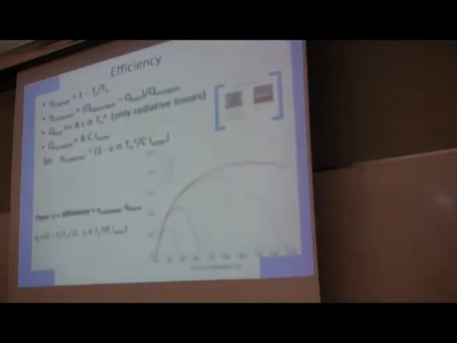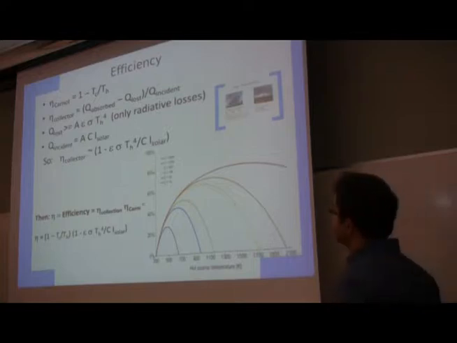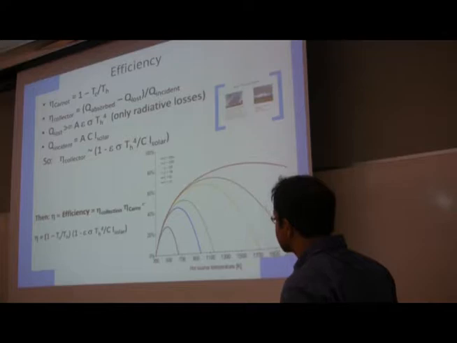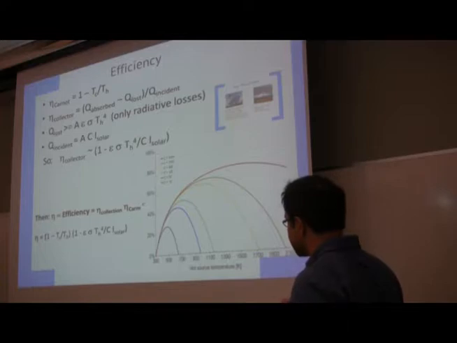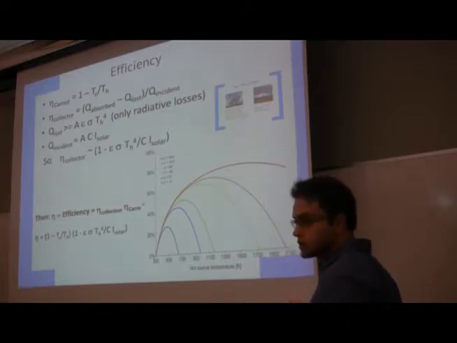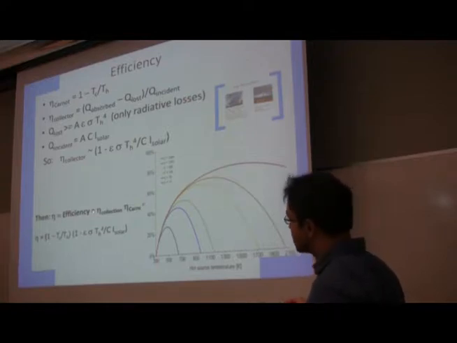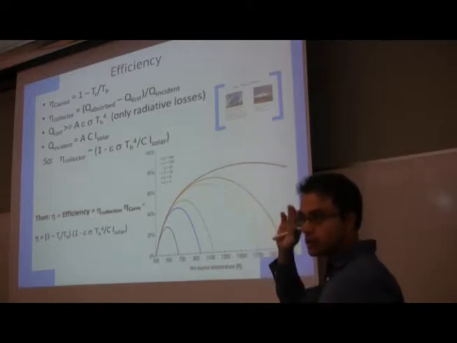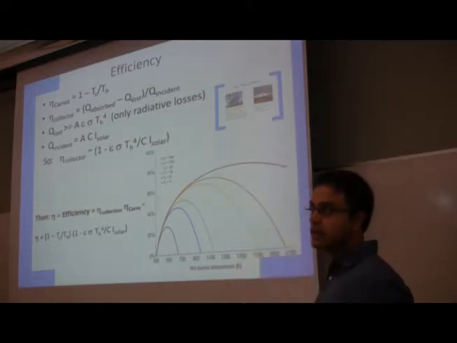If you want to look at this a bit more quantitatively, the Carnot efficiency. So actually, I'm going to start here. In this case, the efficiency of, let's call it, a solar thermal system would be two things. One, you have an optical efficiency, or collection efficiency, which is the efficiency with which you're collecting the light from the sun and sending it to something.